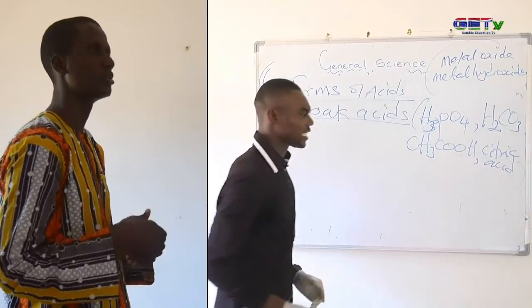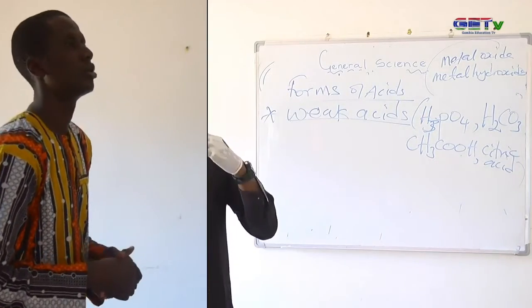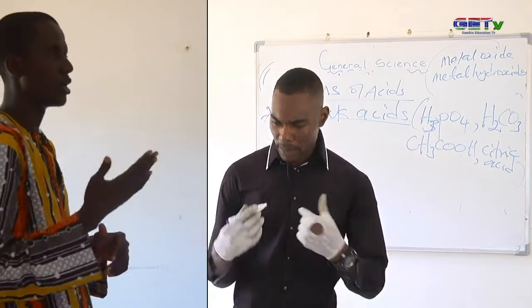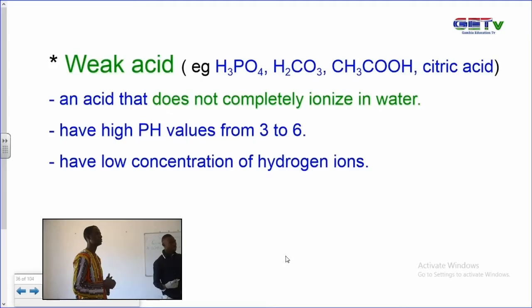So basically, these are examples of weak acids. And why are they weak acids? Simply because, one, they do not completely ionize in water when they are dissolved in water. Two, they have a pH value of 3 to 6.